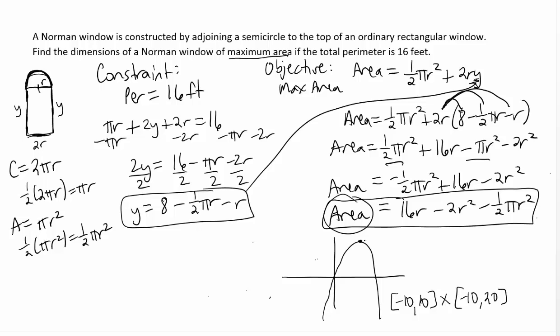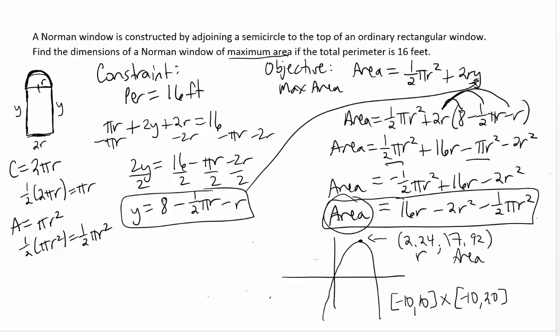And I have to see that vertex labeled. This was at about 2.24 for the x and about 17.92 for the y value. And then you need to recognize what these numbers mean. So remember, the x was the variable we had over here on the right side. So that's your r. The y is what this represented on the left side, and for us that was area.